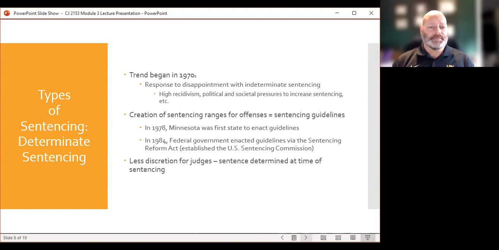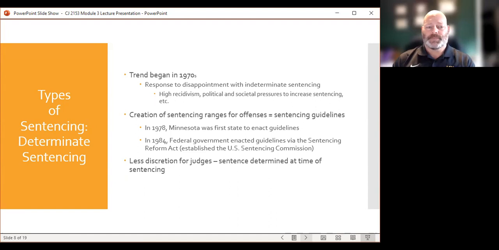In 1978, Minnesota was the first state to enact sentencing guidelines at the state level. And then in 1984, the federal government enacted guidelines via the Sentencing Reform Act, which basically established the U.S. Sentencing Commission, who was responsible for in turn establishing federal sentencing guidelines.